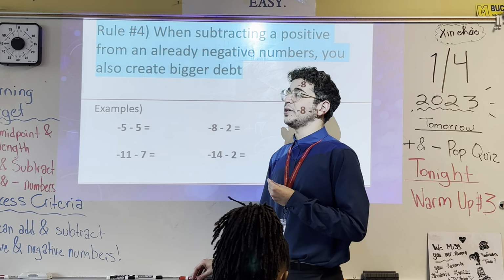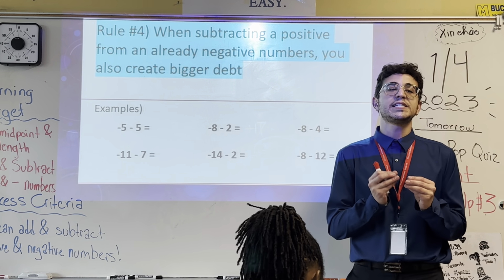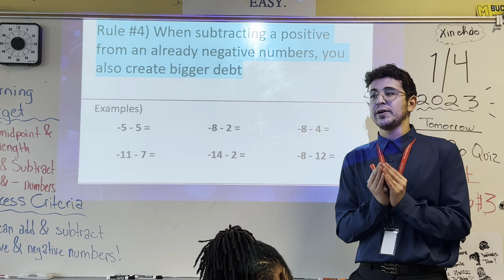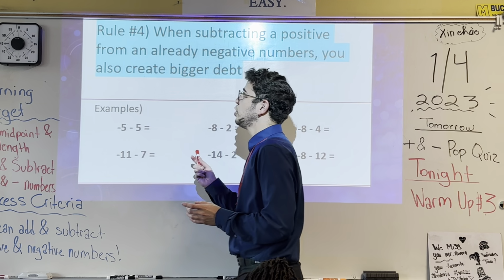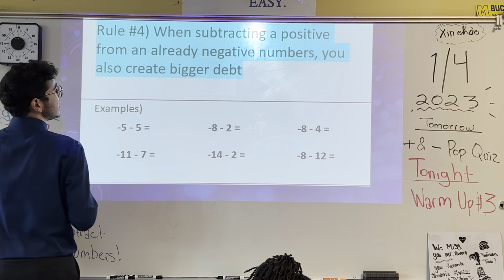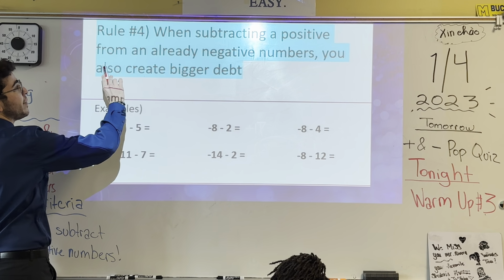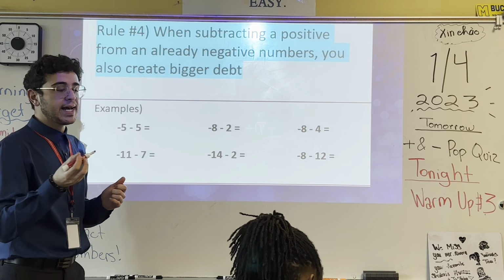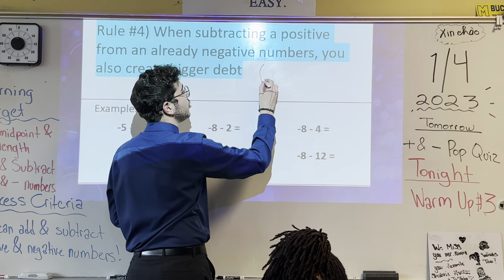That's why it's really important to understand these rules and to look at the different examples I'm giving you, because each kind of example has its own unique rule. So, when subtracting a positive from an already negative number, you also create bigger debt, aka you add.